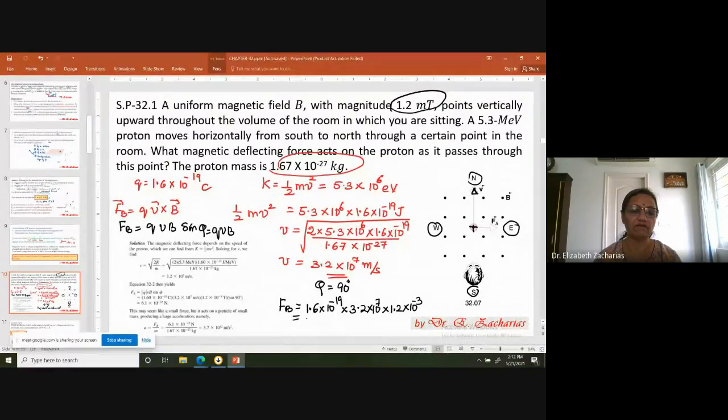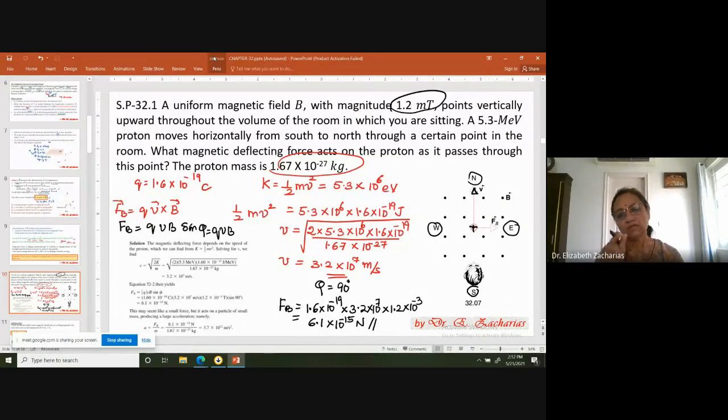Then we find the value of the force to be 6.1 into 10 to the power of minus 15 Newton.